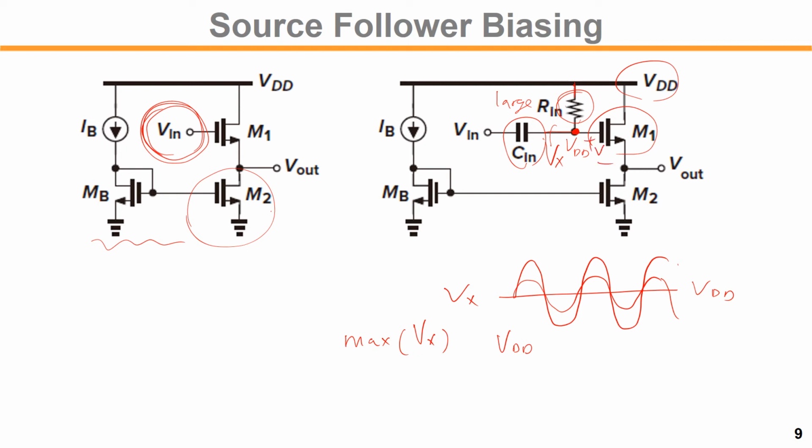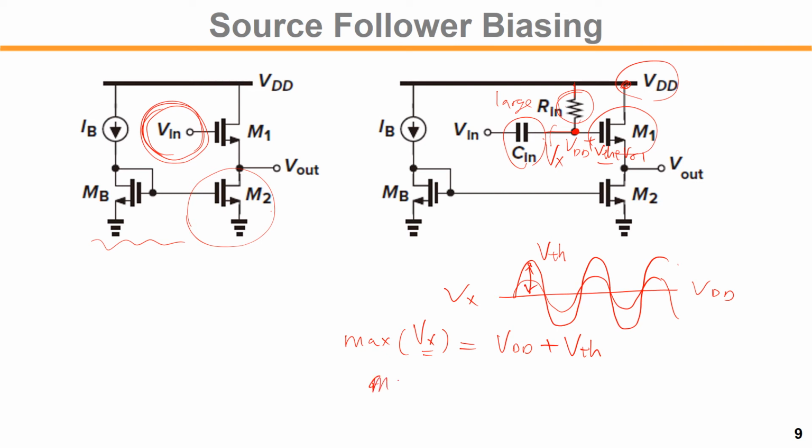Let's say, for example, VTH plus overdrive 1. So the drain voltage is always VDD, so the maximum input would be VDD plus VTH, right? That's going to be the maximum Vx. So the maximum signal amplitude is limited by VTH.